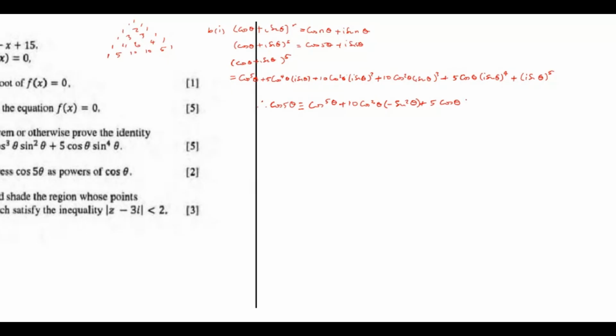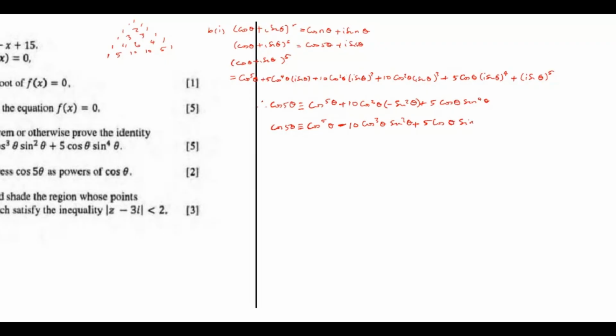Conclusively, it therefore means that our cos 5 theta is identical to cos to the power 5 theta, minus 10 cos cubed theta sine squared theta, plus 5 cos theta sine to the power 4 theta.